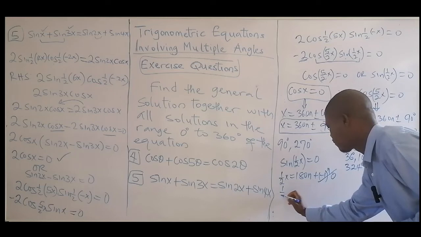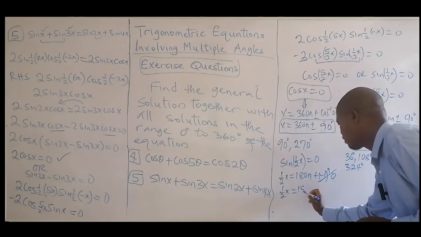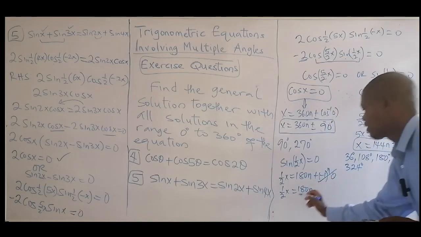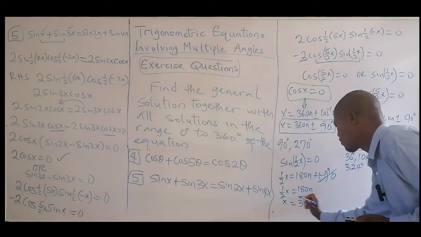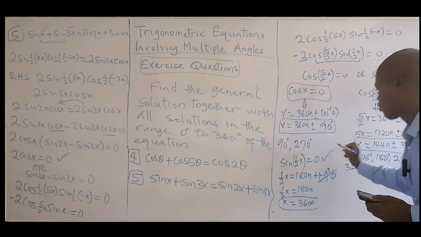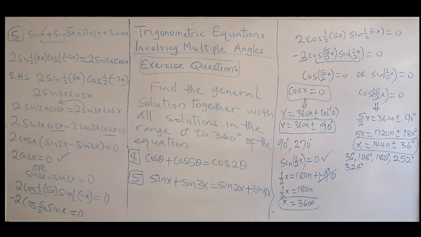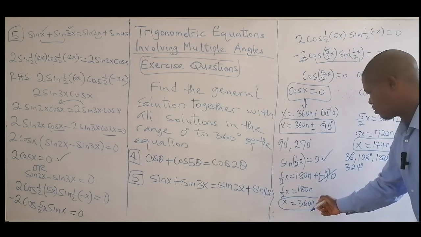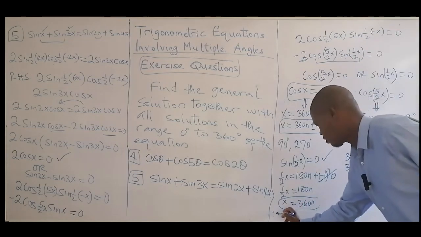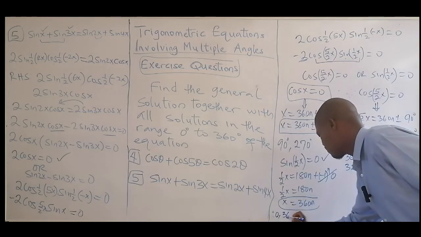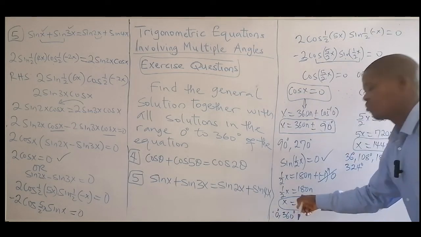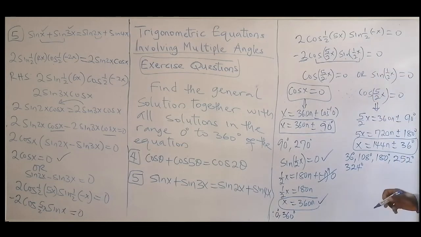So we just have half x equal to 180n, and then x will be, times 2, 360n. That's the general solution for this particular expression. If n is 0, we have x equal to 0. If n is 1, we have 360. So these are the two solutions we can derive from this expression.